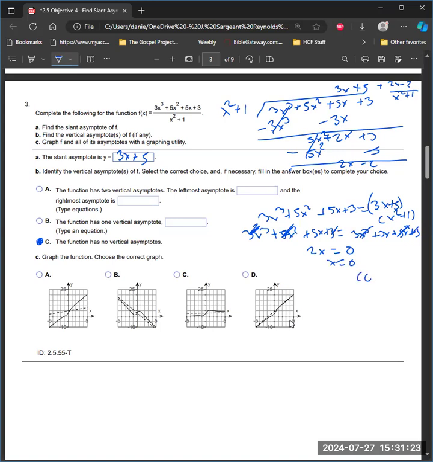When x equals 0, y is 3, so it should cross at 0, 3. And this is positive leaning asymptote here. That looks too shallow. And this one doesn't approach the asymptote at all, so it can't be that one. It's got to be this one. And it is.